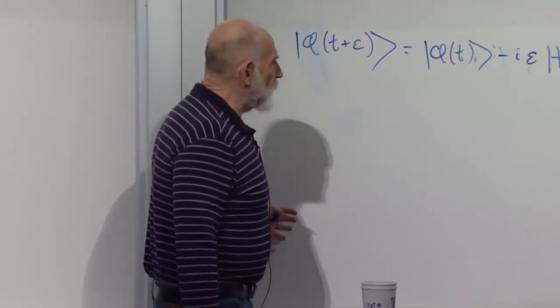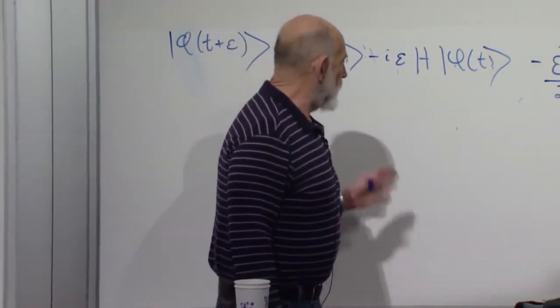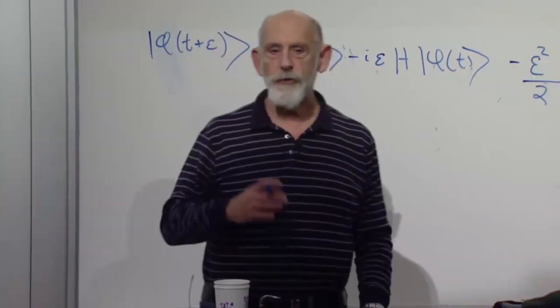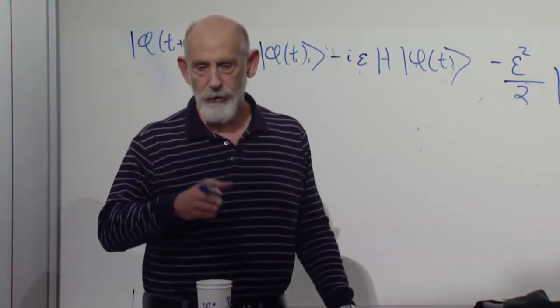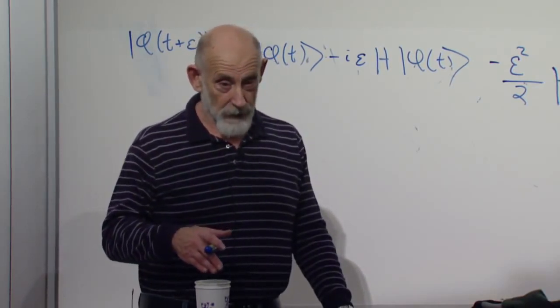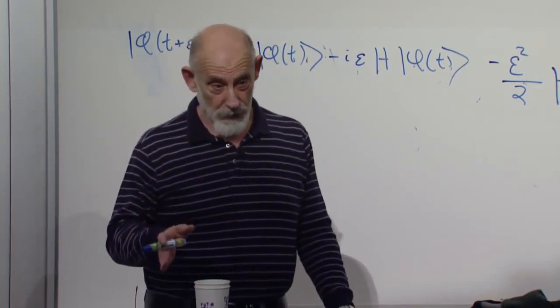This is just another way of saying that it's the Schrodinger equation. The Schrodinger equation gives you the derivative of psi proportional to H times psi. But it can also give you the second derivative of psi, and that's proportional to H squared times psi.